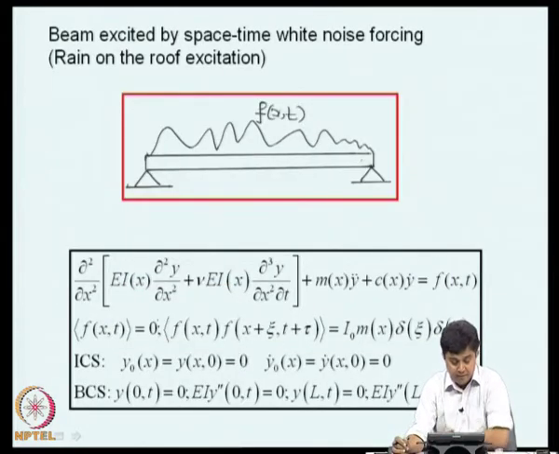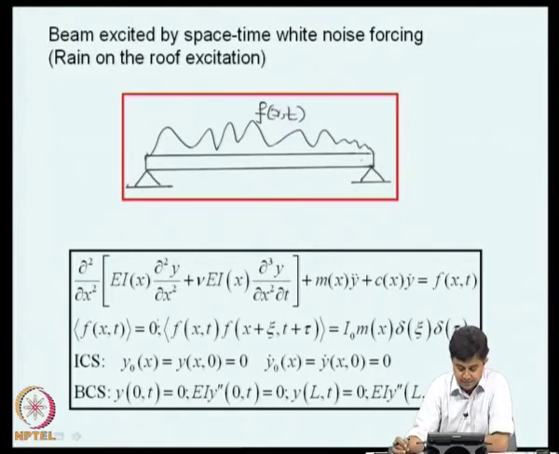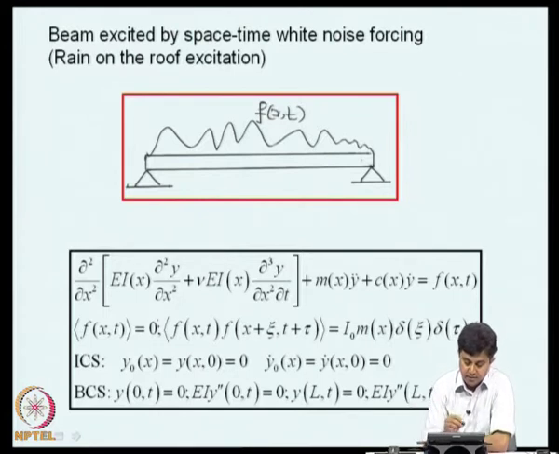We consider the beam excited by what is known as rain on the roof excitation. This is a space time white noise having certain special properties. The equation is here, the right hand side is f of x comma t, left hand side remains the same.